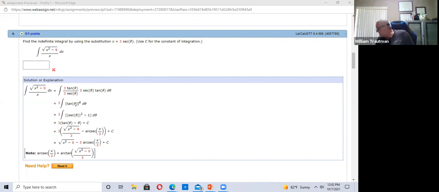See, the reason why they converted that is because the integration of secant squared theta is a really nice one. The integration of secant squared theta just equals tangent. And the integration of 1 then equals x, but in this case it's theta.